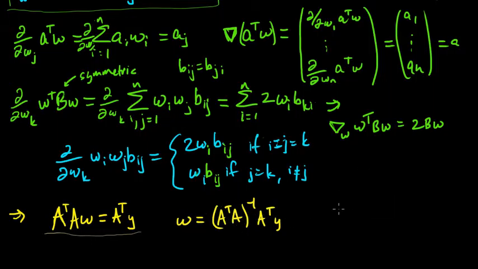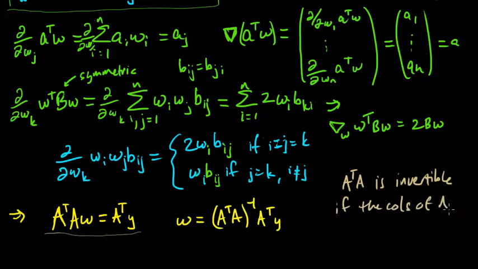So if you know your linear algebra, then you may know that this A transpose A is invertible if the columns of A are linearly independent.